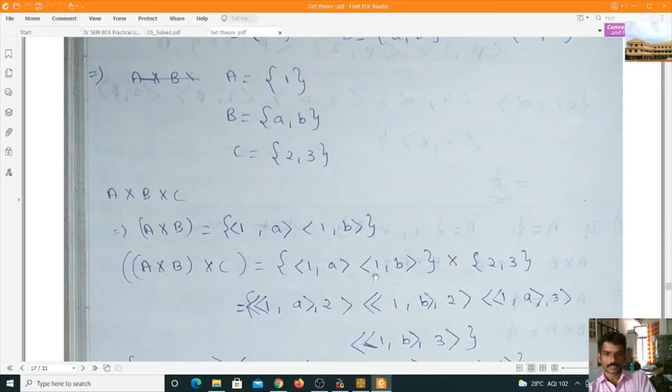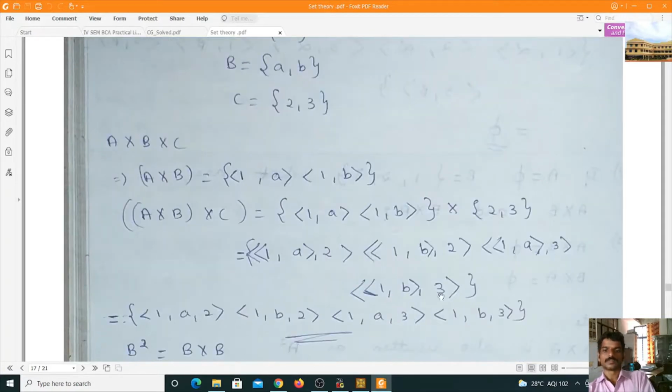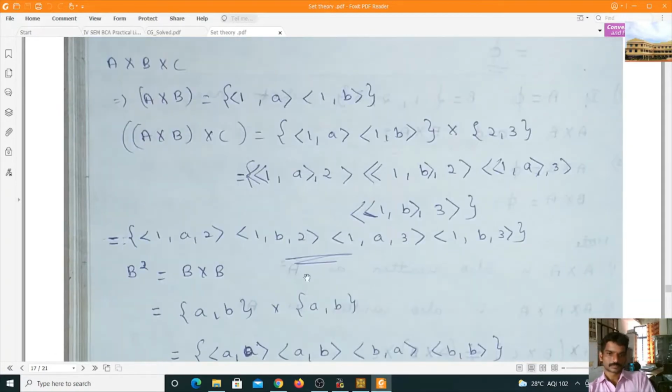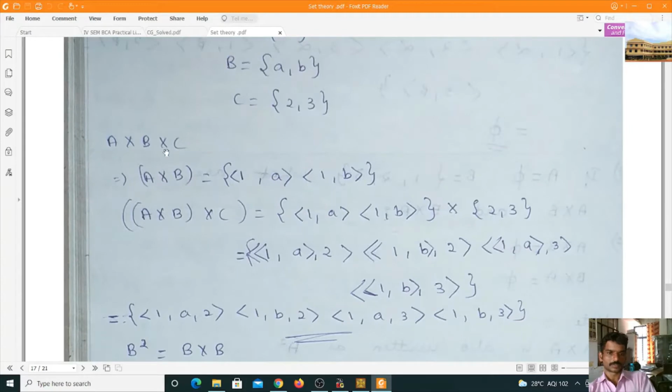So 1 comma a comma 2, 1 comma a comma 3, then 1 comma b comma 2, 1 comma b comma 3. So these are the values. These are the four values of the product A cross B cross C.